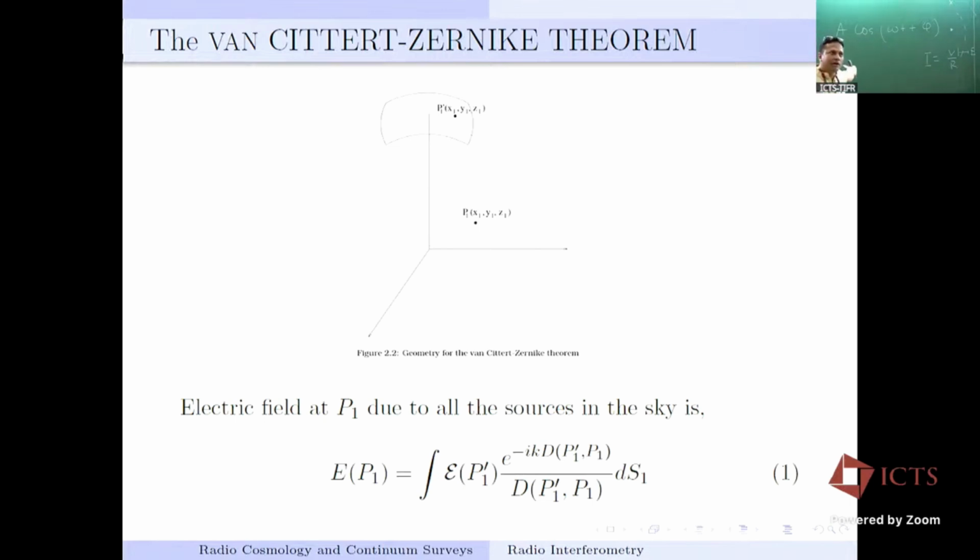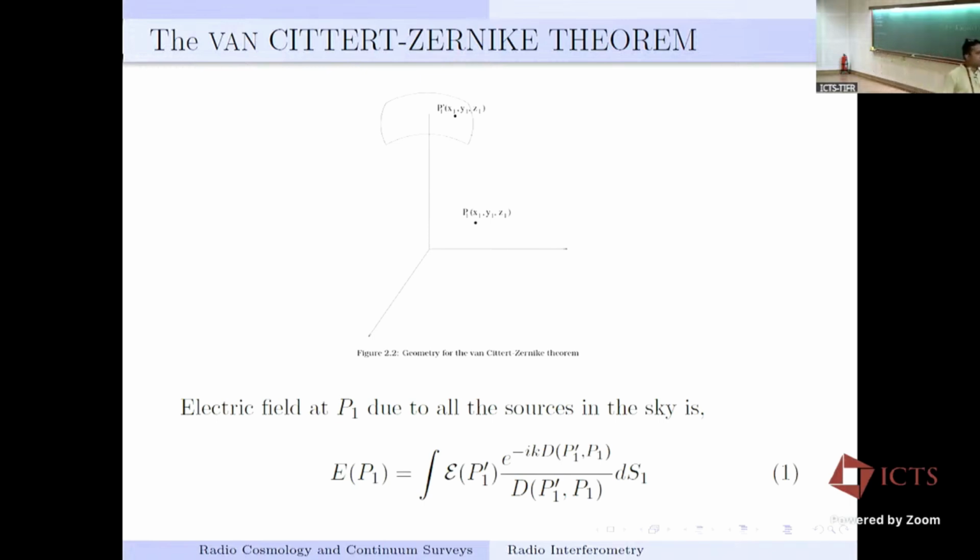That is what you are recording, right? Now think of it, each antenna is recording this A cos of omega t plus phi. The other antenna will record some A2 cos of omega t plus some phi 2. Can't you bring it to your computer and do an interference? You can, right? So it is effectively like the double slit experiment. Instead of doing that in real space, here you are doing it in a computer. That's perfectly fine. It's equivalent. Okay. So there should not be any problem.